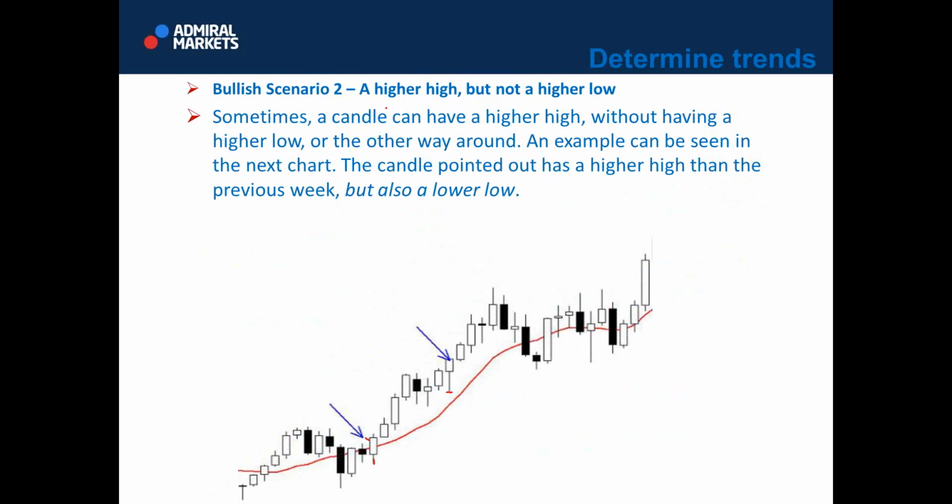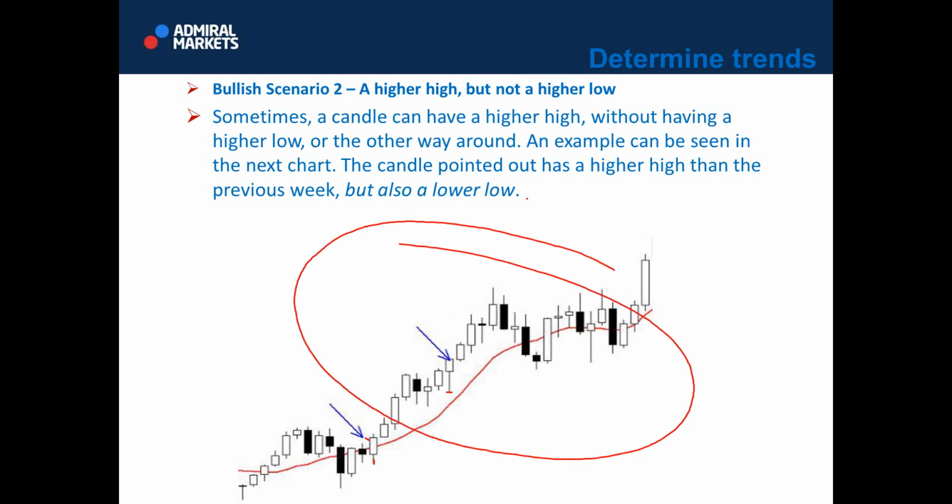The second rule is this: higher high but not a higher low. It's not too low, and we still have a higher high. Sometimes a candle can have a higher high without having a higher low, or the other way around. An example can be seen in the next chart. The candle pointed out has a higher high than the previous week, but also a lower low. So this is also a bullish scenario.